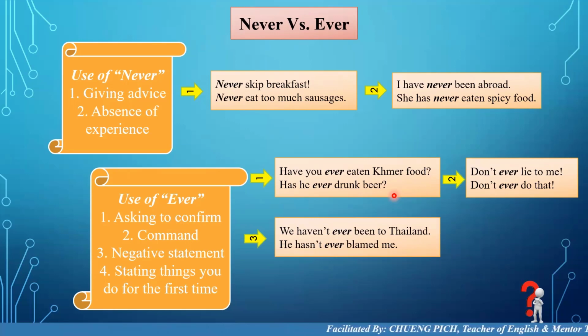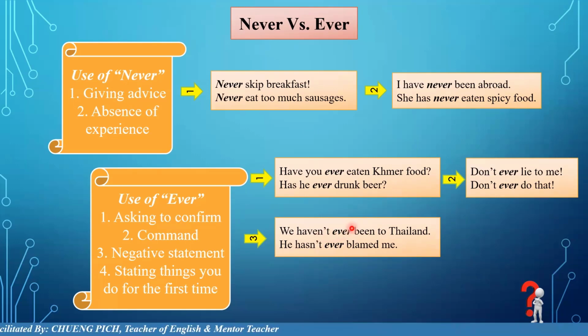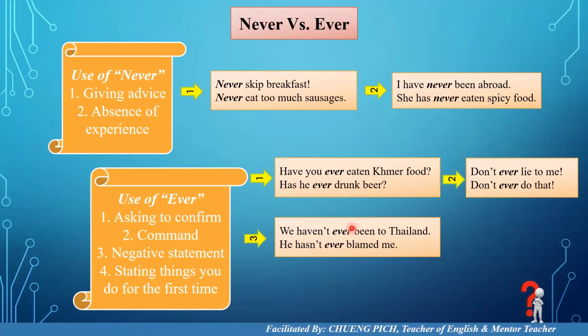Examples of number 3, negative statement. I have not, or I haven't ever been to Thailand. If you use ever with not, it will be a negative one. Some people say that when we use not plus ever, it becomes never.